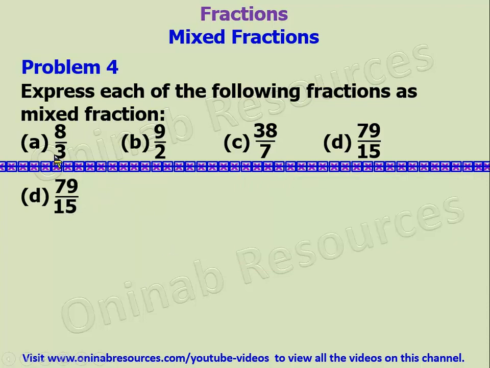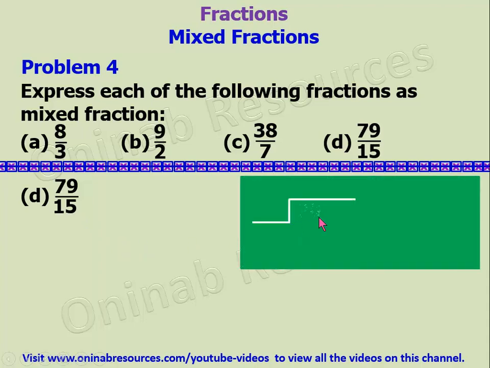For the D part of the problem, I have 79 over 15. So dividing 79 by 15, that's 75, and it's going to be 5. So 79 divided by 15 gives 5. So we have 5 times 15 gives 75.